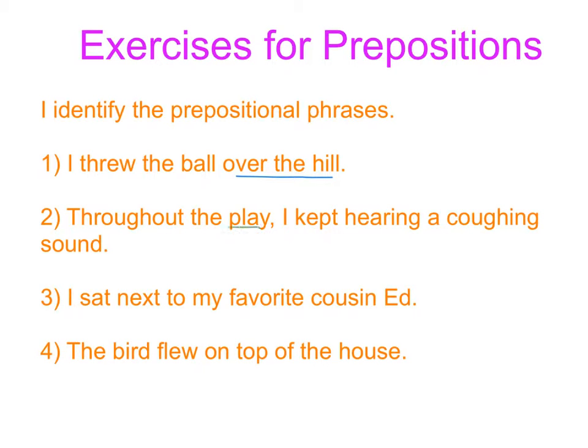If you underline throughout the play, you are correct because that is the prepositional phrase. Number 3. I sat next to my favorite cousin Ed. If you chose next to my favorite cousin Ed, then you are correct. Number 4. The bird flew on top of the house. If you said on top of the house, you are correct.